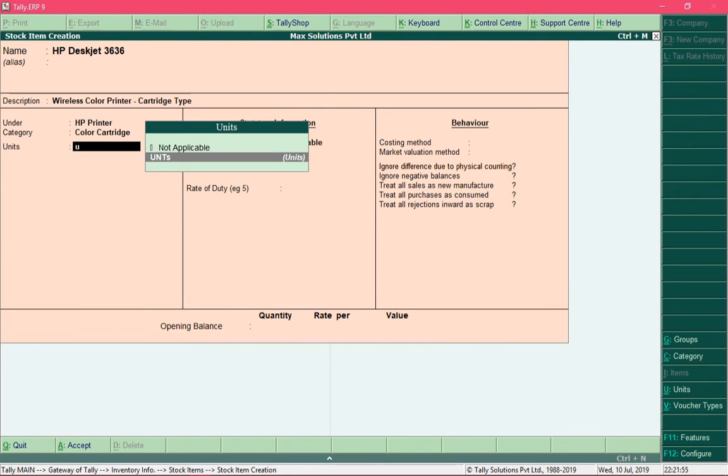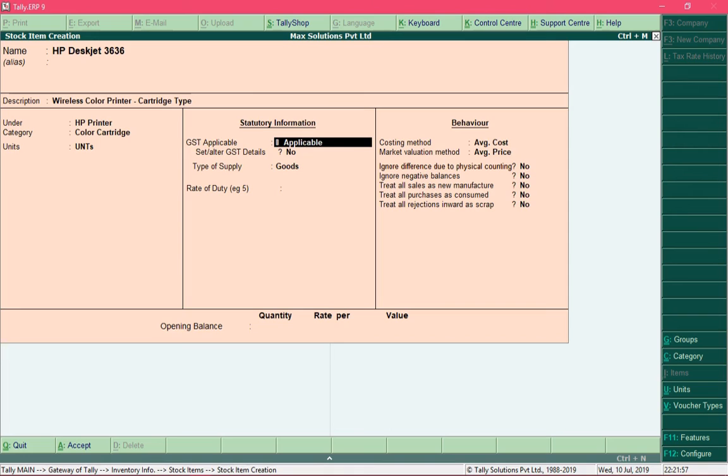So I'll select the type of the unit. I need not enter this information, and I will keep the costing method and market valuation method at the default values and create the stock.